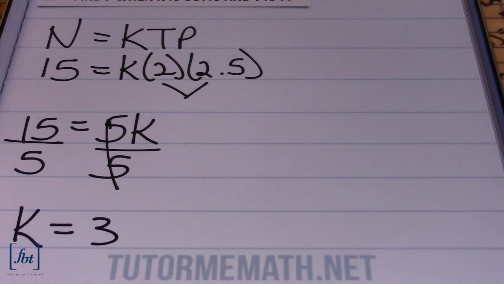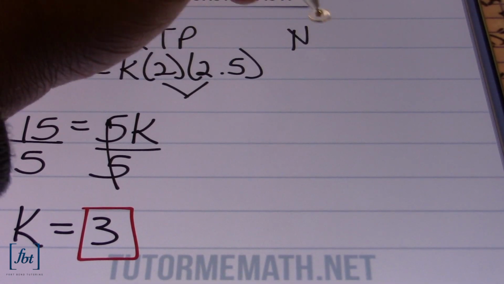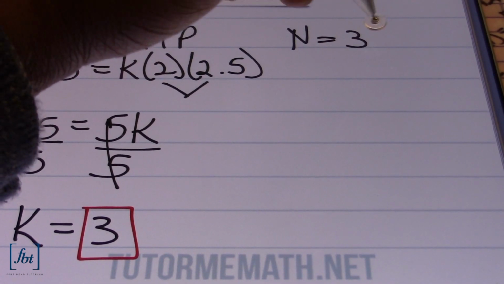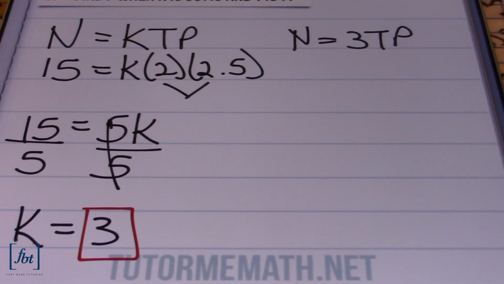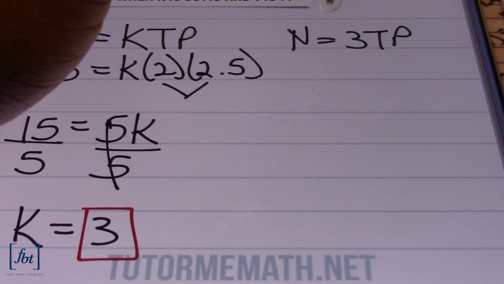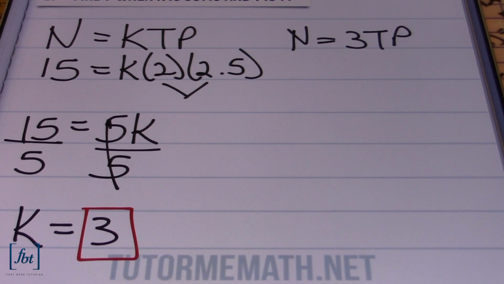Go ahead and put a red box around that because that's part A. Red boxing it. Oh, you know it's coming. Now that we have our constant of variation, go ahead and write that variation equation. You already know what it is. It will be n equals 3tp.